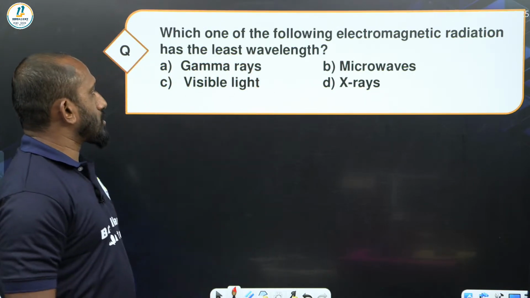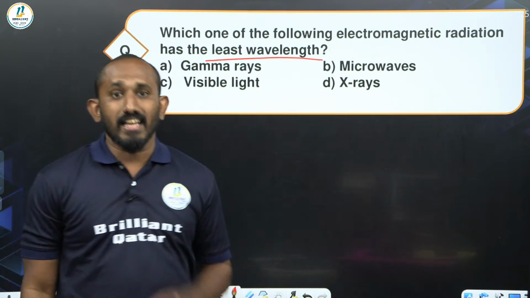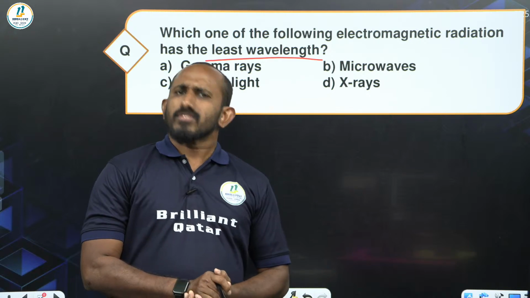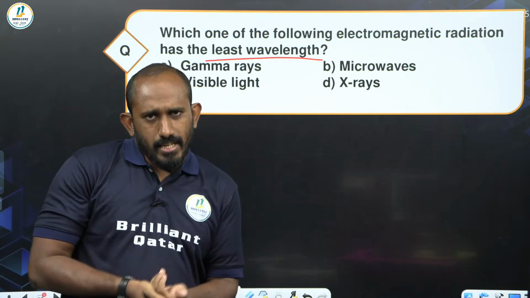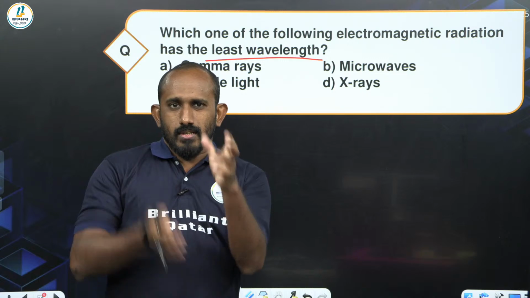Which one of the following electromagnetic radiations has the least wavelength? Out of the given, which is the least is what is being asked. When we discussed the theory of the electromagnetic spectrum, a small code can be used for the spectrum order.